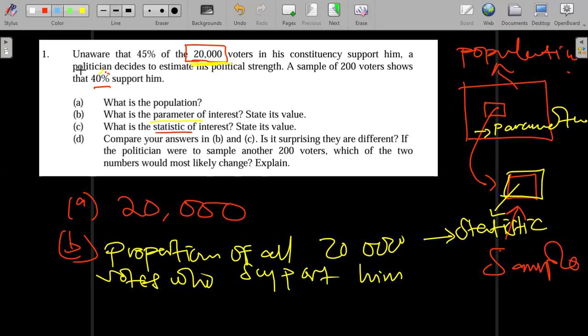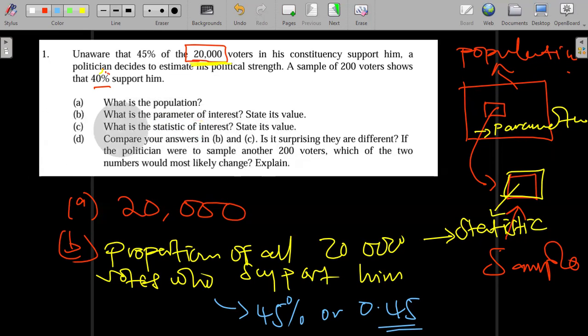And then they also say we state its value. The value of this proportion is simply 45%, or in decimals, 0.45. So this here is the value of the parameter.